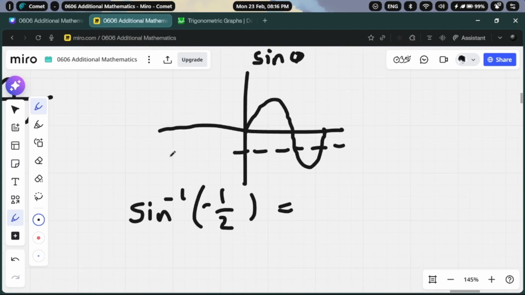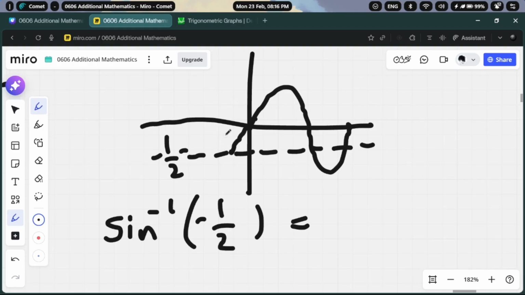Now, you know that minus 1 over 2 is going to be this dashed line. So let's say you extend this line over here. Now, this over here is exactly minus 130 degrees.